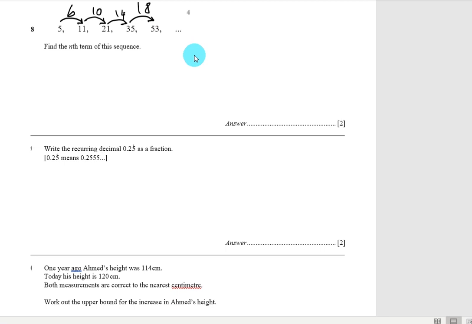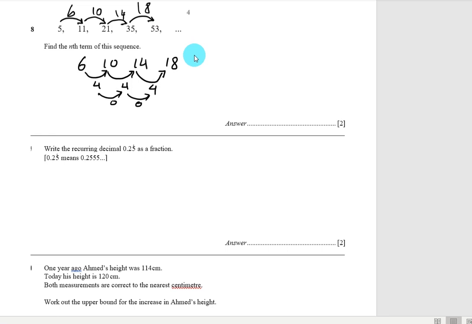Okay, so let us try now. I have 6, 10, 14 and 18. Between 6 and 10 is 4. Between 10 and 14 it's 4. Between 14 and 18 is 4. So in the second level we have the difference, and in the third level we have 0.